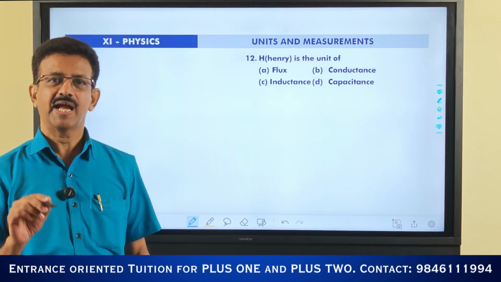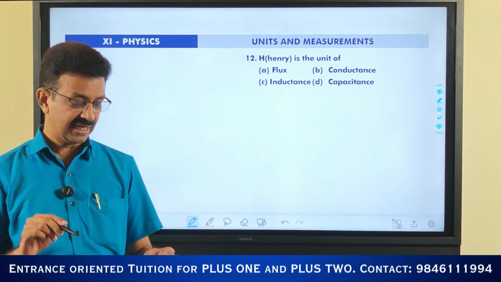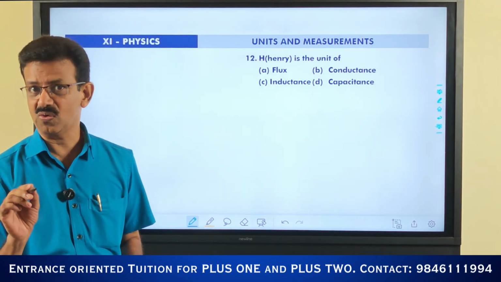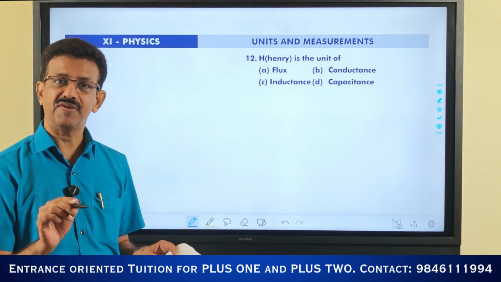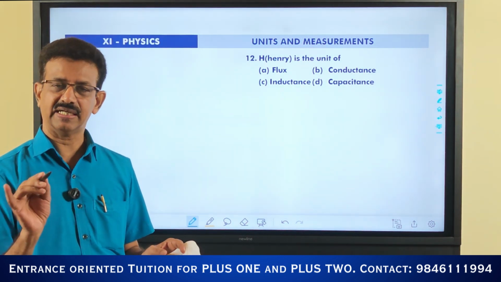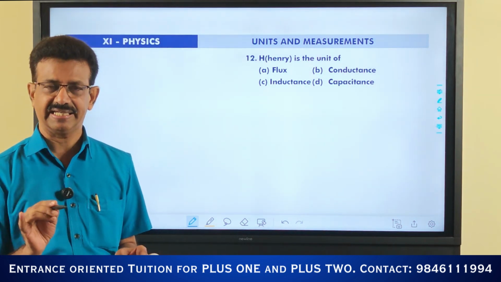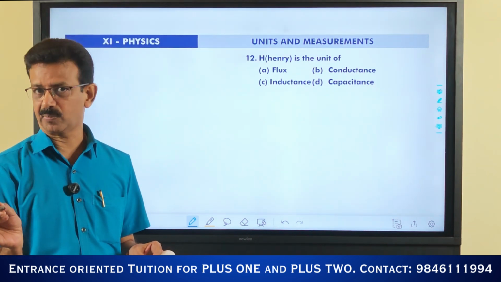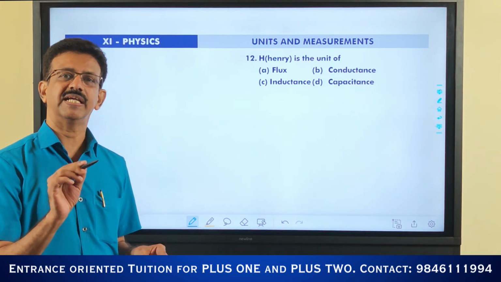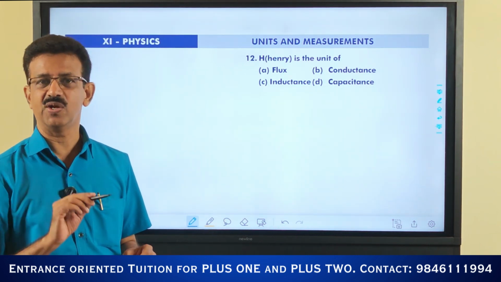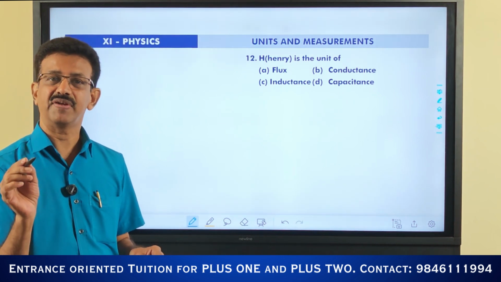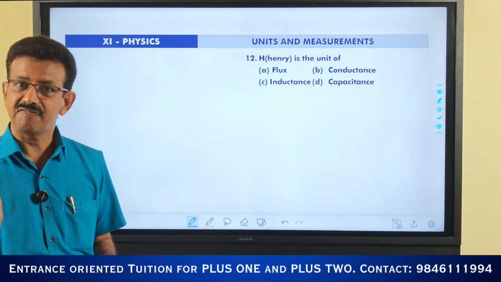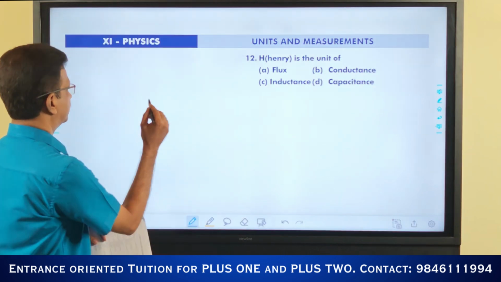Next question is about the unit. Here the question is, Henry is the unit of. Actually, Henry is the SI unit of self-inductance or mutual inductance, generally inductance. Total flux will be proportional to the current. Flux is equal to a constant L into I. Then L is called coefficient of self-induction or self-inductance.